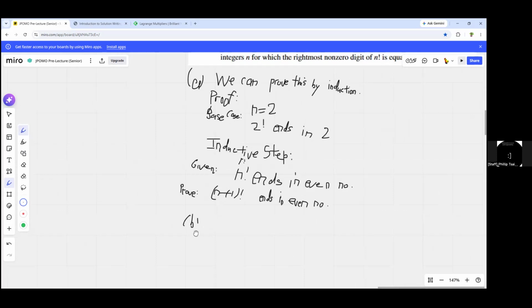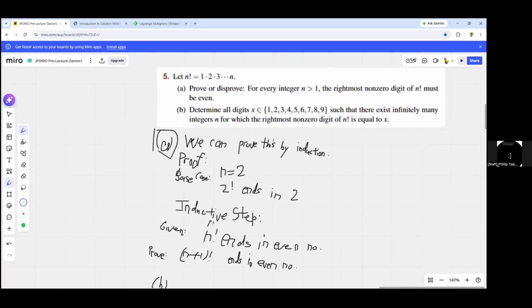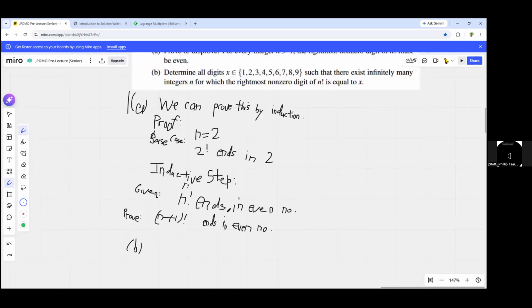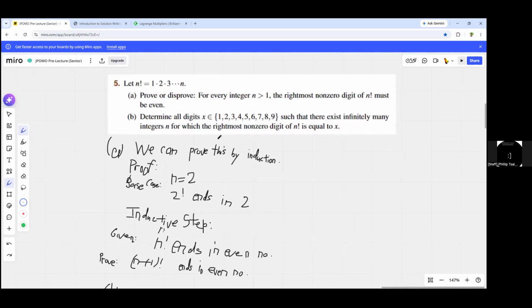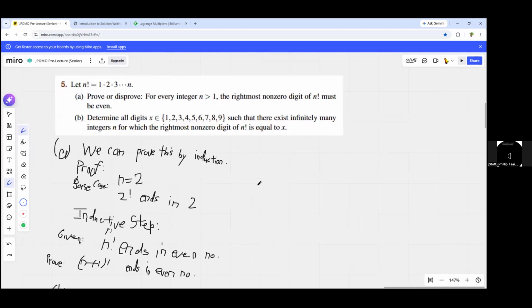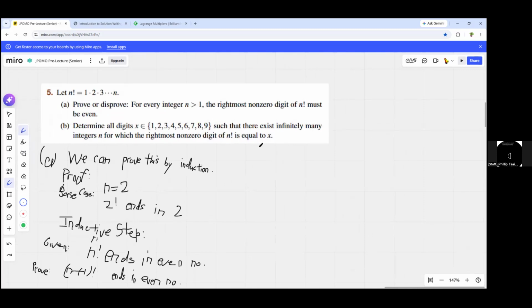And by the way, we call these subtasks. For subtask B, we have to determine all digits such that there exist infinitely many integers n for which the rightmost digits are the same as those of n factorial. For example, the rightmost digit of 2 factorial is equal to 2, because 2 factorial is equal to 2, right?